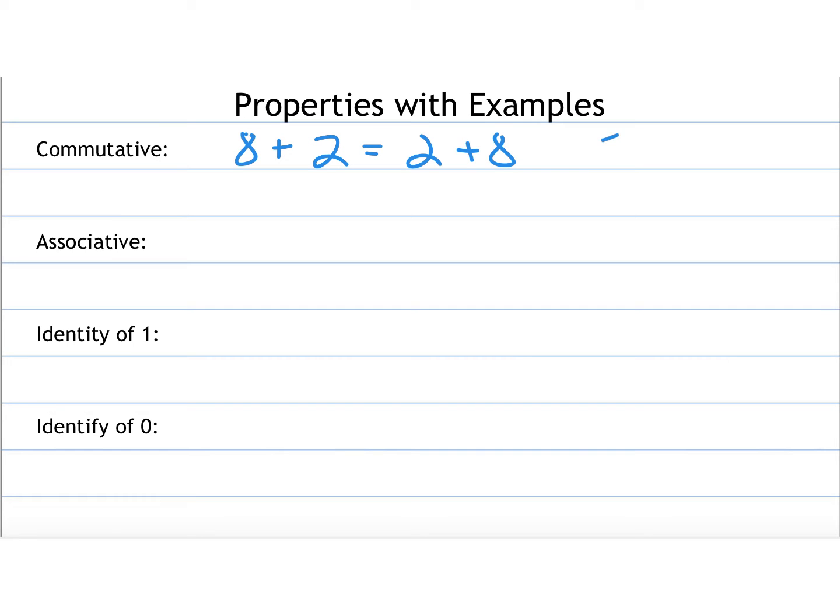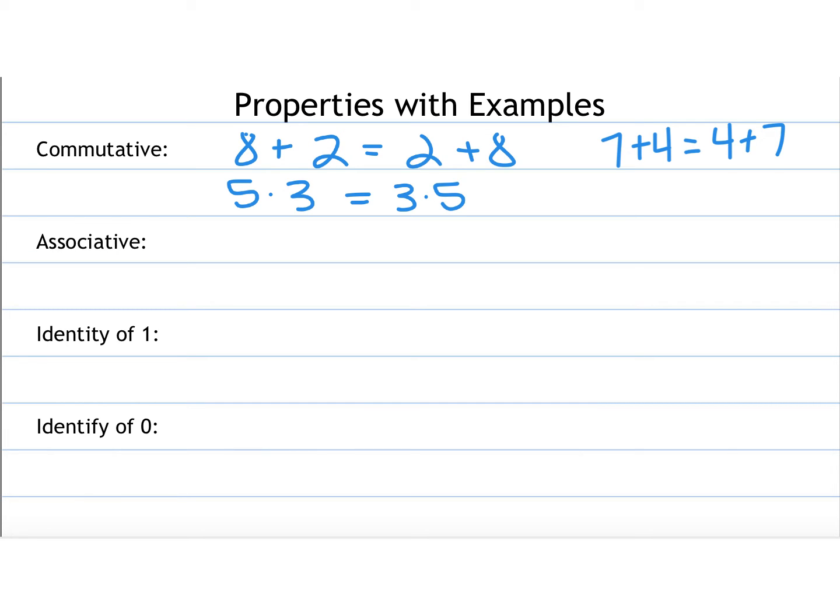We could do 7 plus 4, which is 11, or we could do 4 plus 7, and either way we end up with the same answer. And then for multiplication, we could do 5 times 3, which is 15, or we could do 3 times 5, which would be 15. So again, changing the order, you get the same answer.